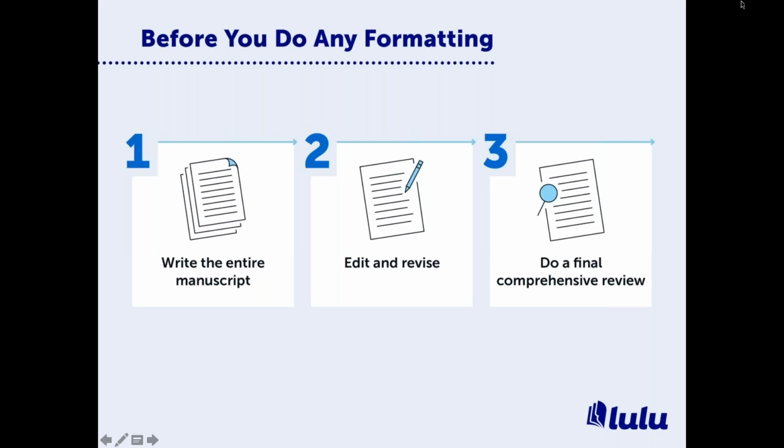Essentially what you should be bringing to the formatting table is the completed final manuscript. If you try to start the formatting process before these edits and revisions are completed, you will be basically wasting your time. There's a lot of things that can move around with these edits, things you may not even anticipate. So it's important to make sure that when you start formatting, you are good to go. That book is ready. It's done. You're done with it at that time.